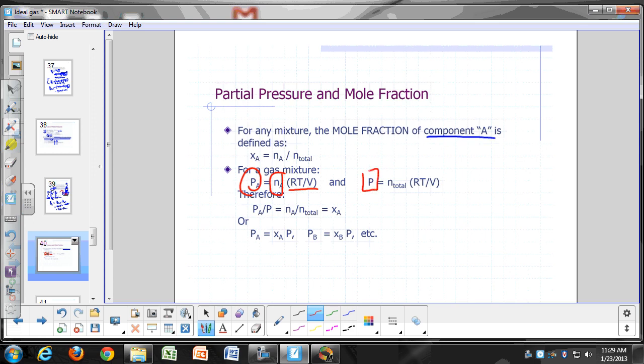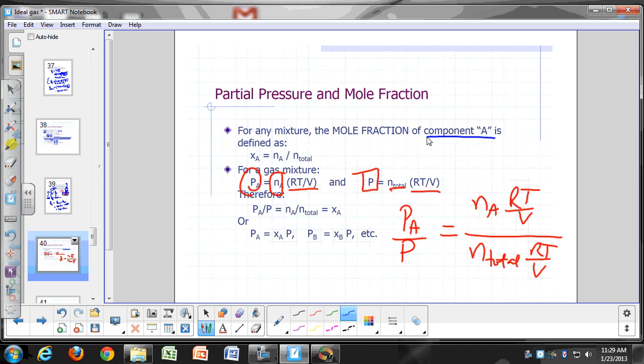And the total pressure, we also know, is just the total moles times RT over V. So what would happen if I were to divide the partial pressure of A by the total pressure? Then I get the number of moles of A times RT over V divided by the total moles times RT over V.